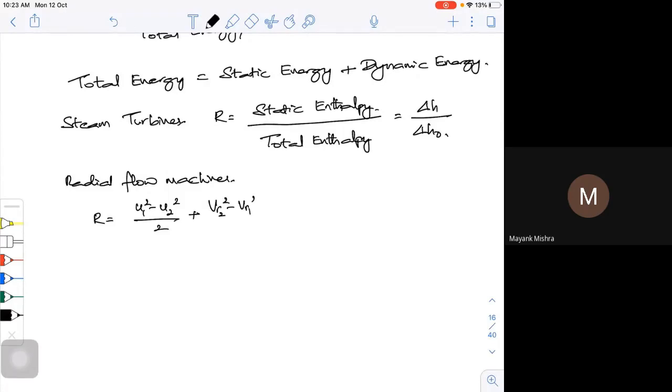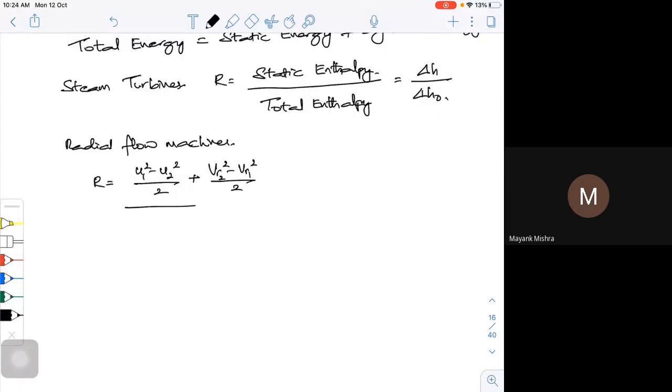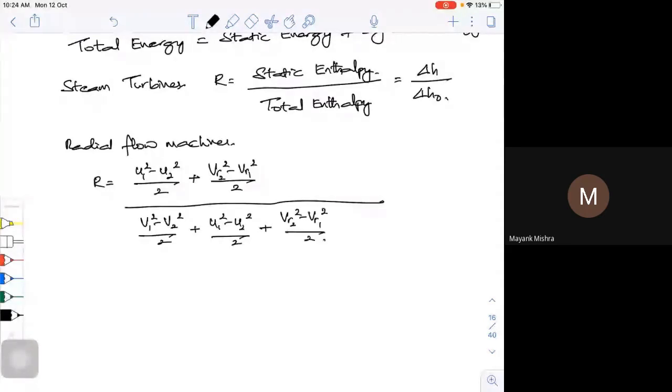This is mainly the static component, divided by the total component. What is the total component? It is V1 square minus V2 square by 2 plus U1 square minus U2 square by 2 plus VR2 square minus VR1 square by 2.